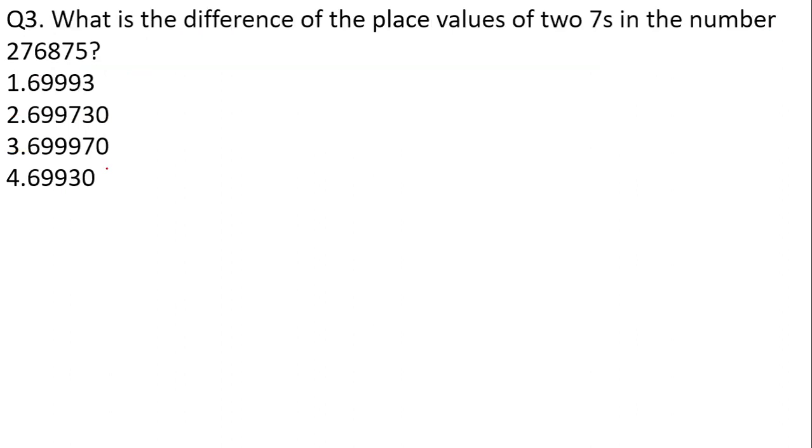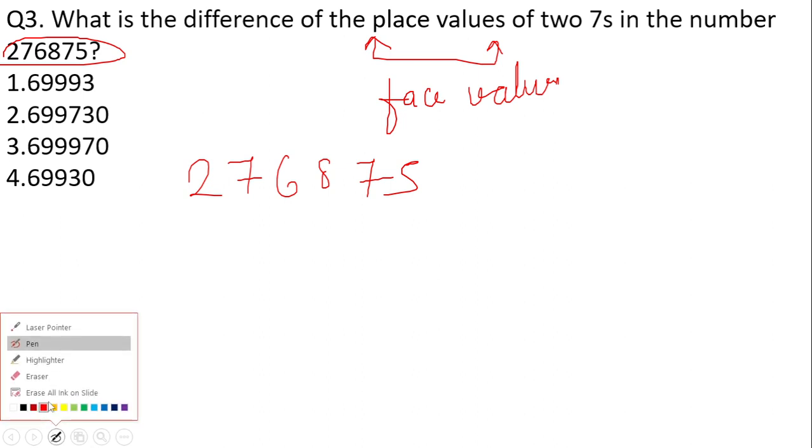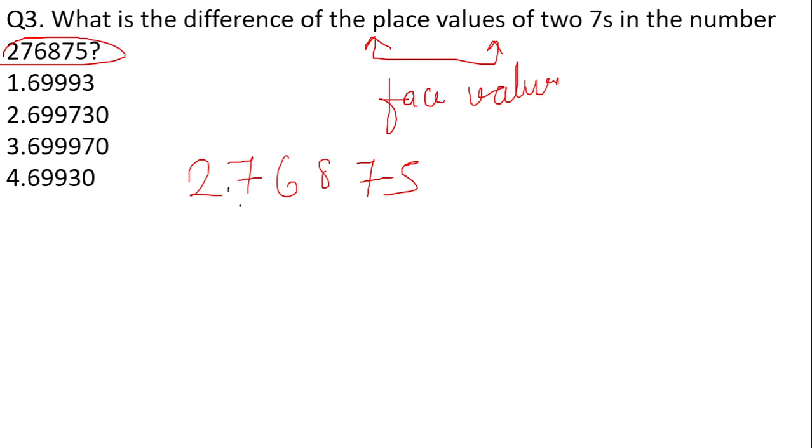Moving on to question number 3, what is the difference of place values of 2 sevens in the number 276875? Now we know what place values are, as well as what face values are. In this particular number 276875, if we see the place value for this particular 7, we take the 7 as it is and give zeros for the remaining digits.